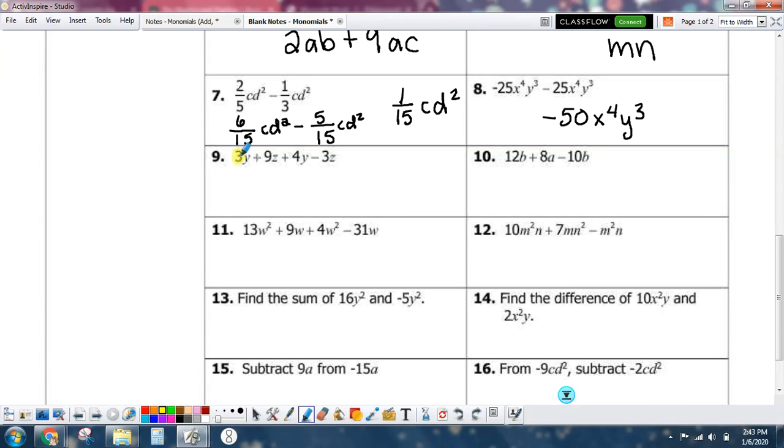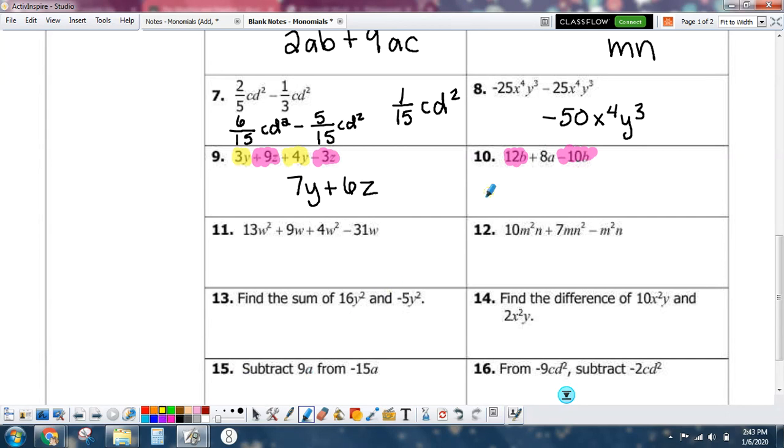So I have my y terms. Make sure you're including that sign in front of them. And my z terms. So I'm doing 3 plus 4 to get 7y, and 9 minus 3 to get a positive 6z.